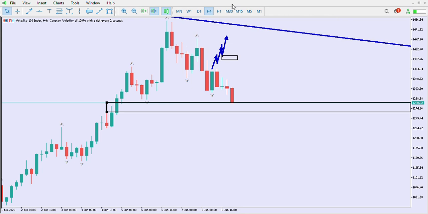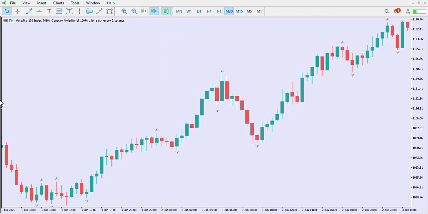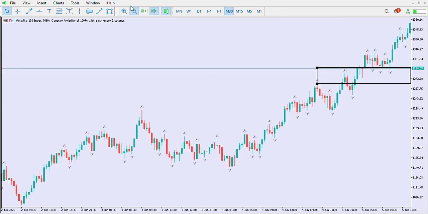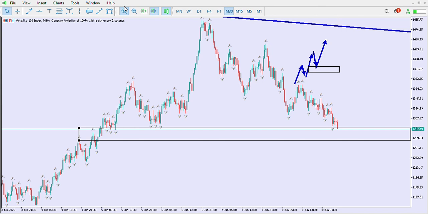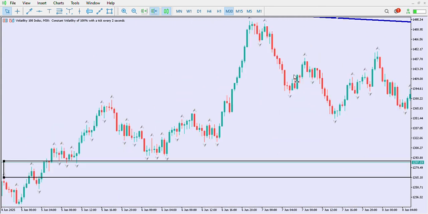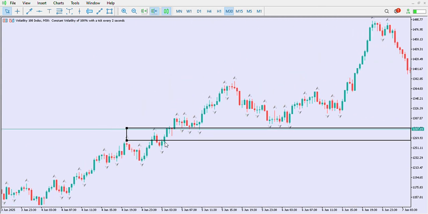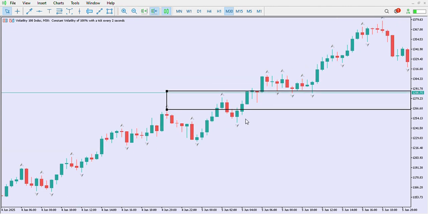I'm not seeing a nice one. Yeah, there is an order block at that point here. This is an order block combined with this fair value gap. So actually, the point of interest is just at this point.